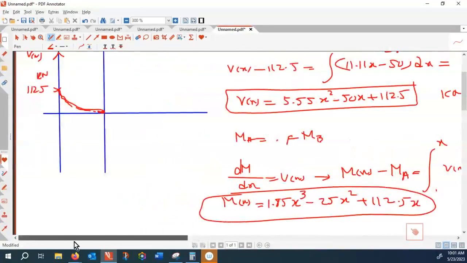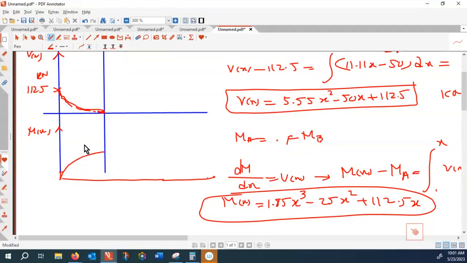So now the expression for M for the first zone is a cubic function. That cubic function is at its maximum where the shear force is 0. And if I calculate M at 4.5, that becomes 169 kilonewton meter.